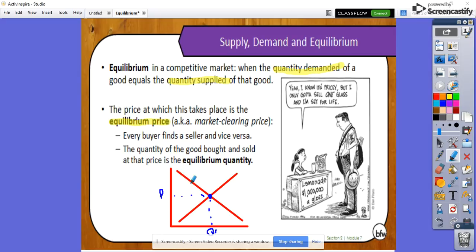So that means that every buyer who is on this demand line and every supplier who is on the supply line meet in the middle, and everyone has a number of goods that they want at the price that they want to pay. The quantity of the good bought and sold at this price is called the equilibrium quantity.